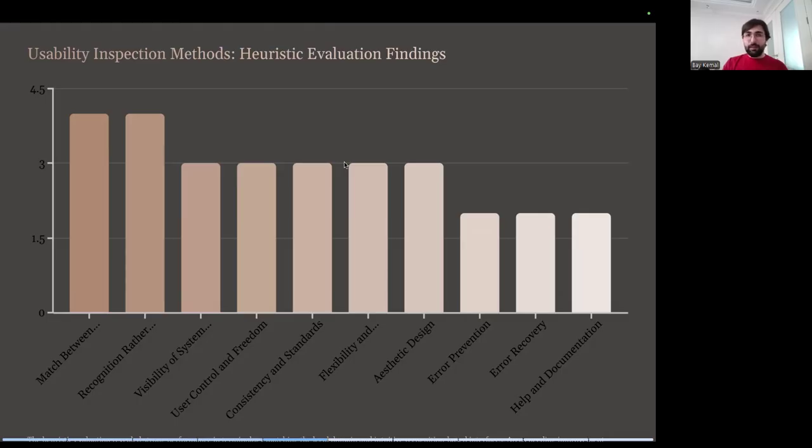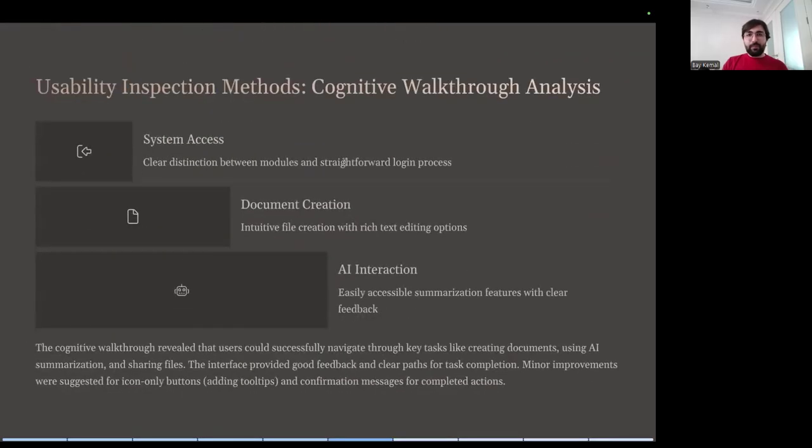For the next slide, we did the usability inspection method. For this method, we took help from our friend from MEF University, a law student who works at Turkcell right now.